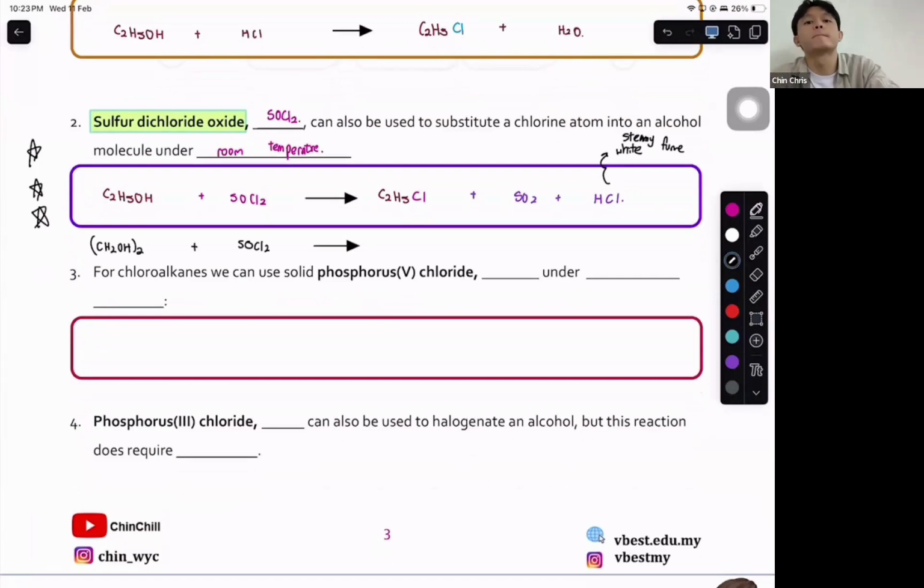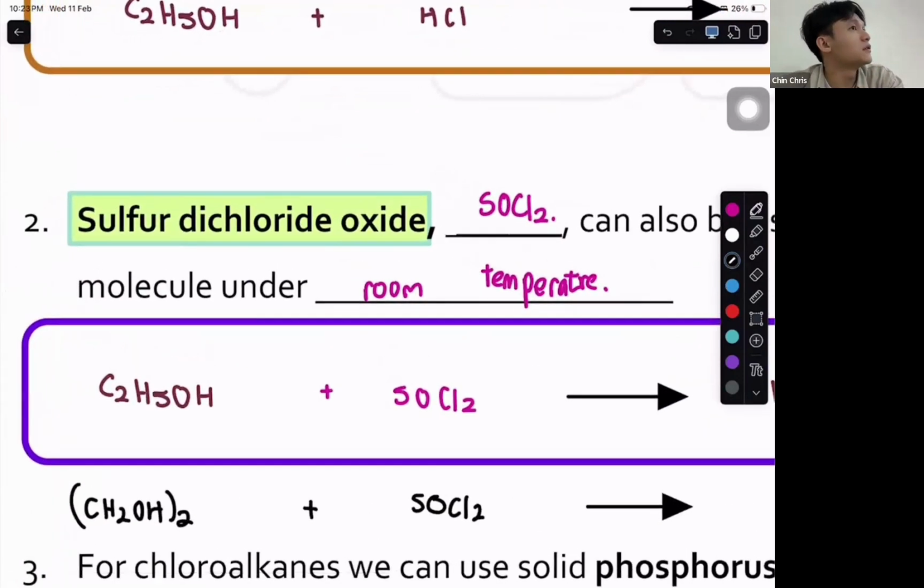Alright guys, please balance this equation for me. Done?